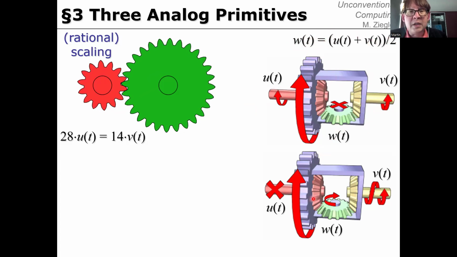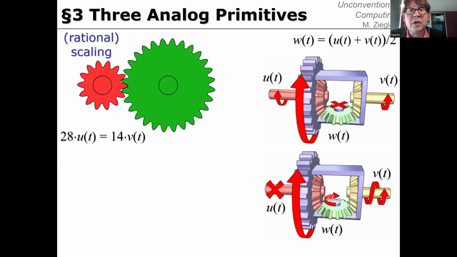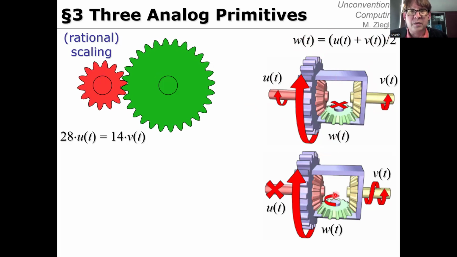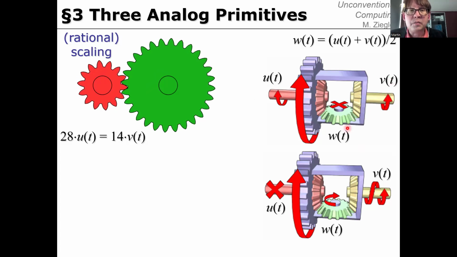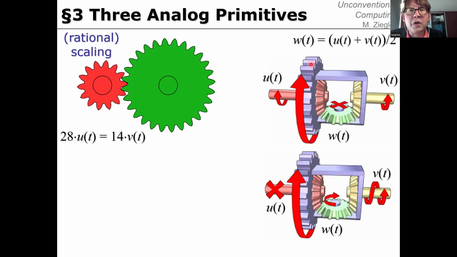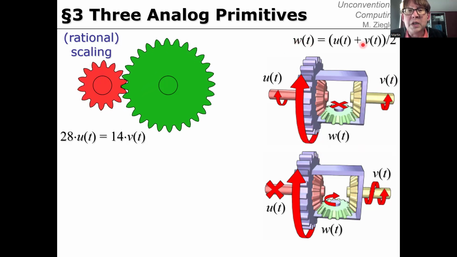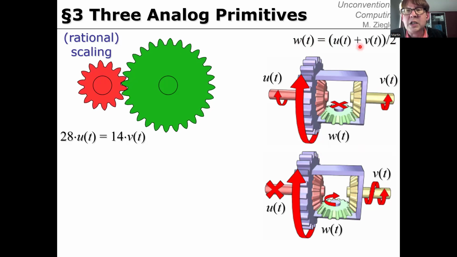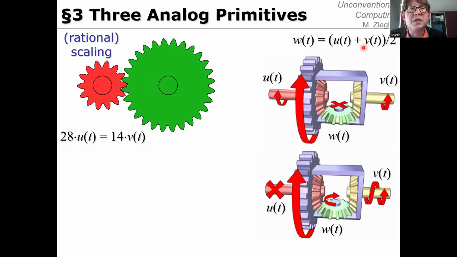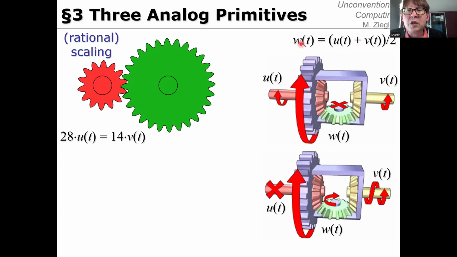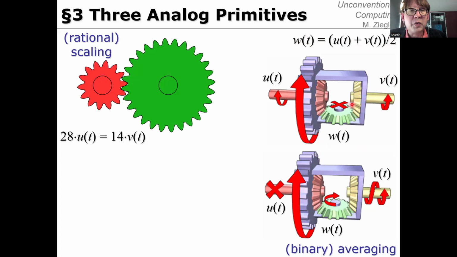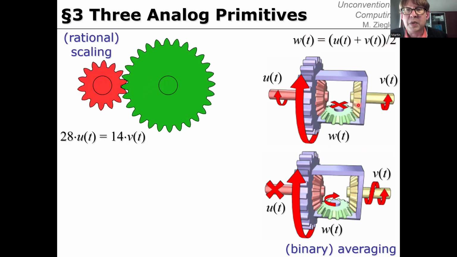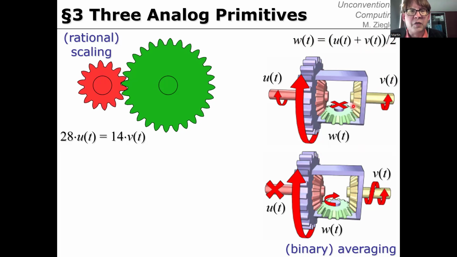So this device, the differential from a car, operated in the opposite way, when U and V are driving rods, drives a third rod, W, according to this equation, which is basically addition. So that's an addition gate as an analog, more precisely, because it's dividing by 2, this is an averaging gate. This is our second analog primitive used in building the Bush differential analyzer.